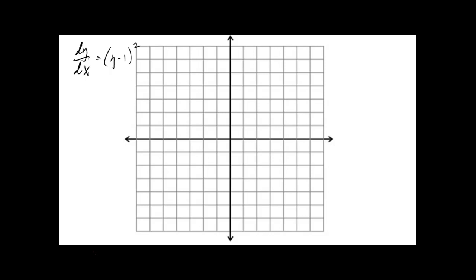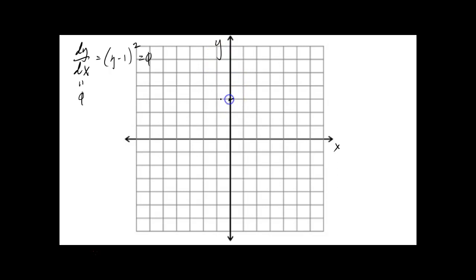Now, if y minus 1 is 0, then what's your critical value? Y would have to be, and now we're going back to this being y and this being x. Where is your derivative equal to 0? If this is 0, then this would be 0. And what value for y would that be? 1. Okay. So let's put our 1 right here.